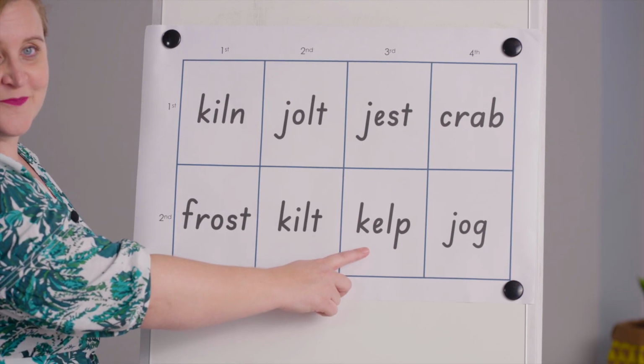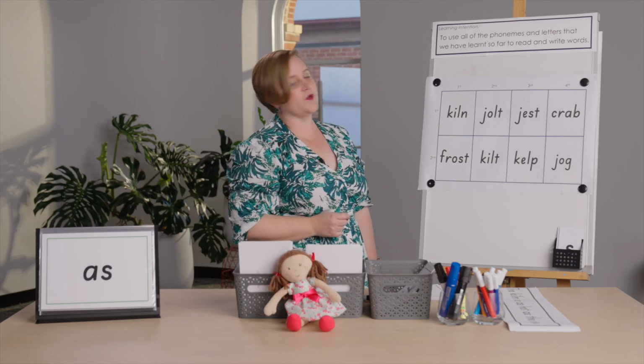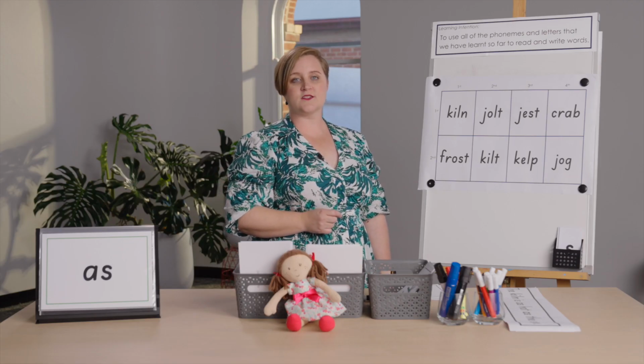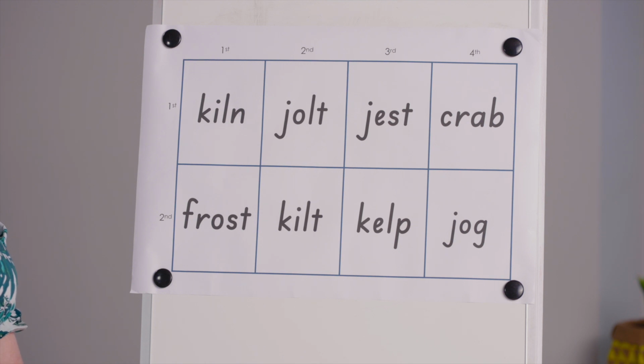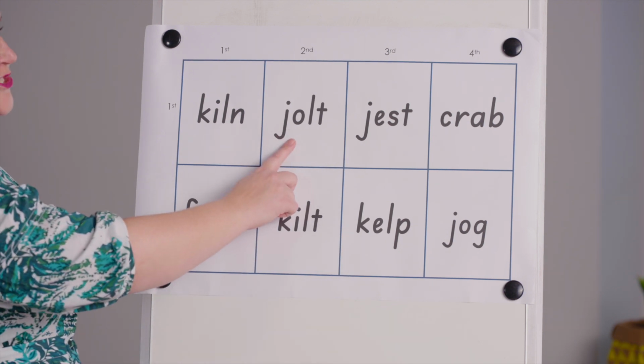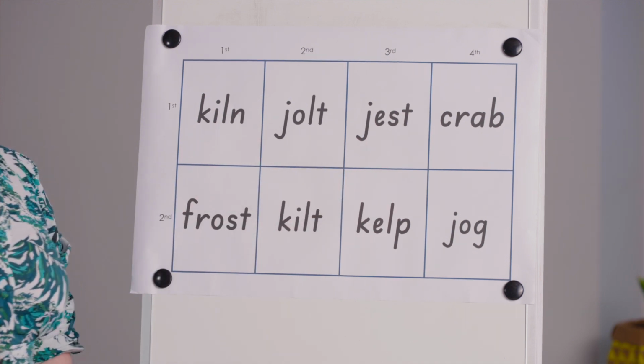Did you point to kelp? Great job. And in the first row, can you point to a word that starts with j? There might be more than one. Have a look. J. Did you point to jolt? And did you point to jest? There were two words in that first row.